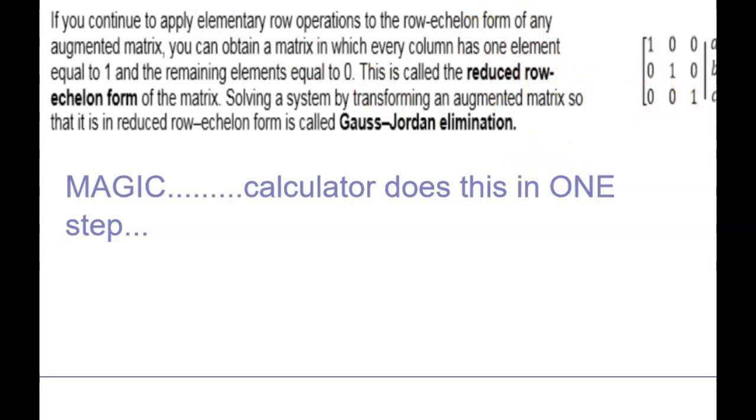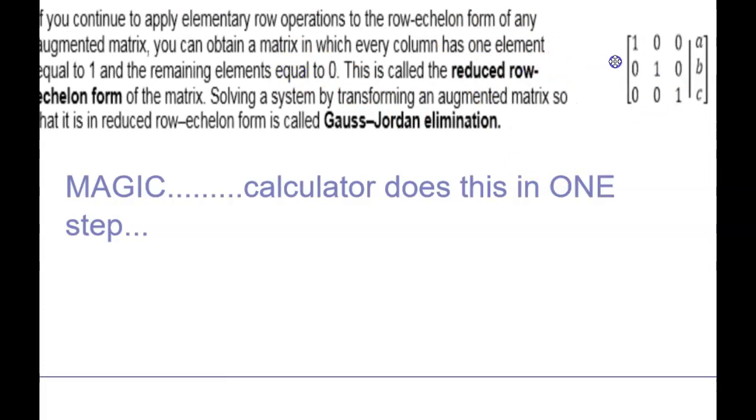Okay, hang on, let me scooch this over a little if I can. So when you have 1, 1, 1 on the diagonal, that will tell you what those variables are. We've been using X, Y, and Z. Okay, this is called reduced row echelon form, and we got it by using what's called Gauss-Jordan elimination, but you're not going to have to do that.